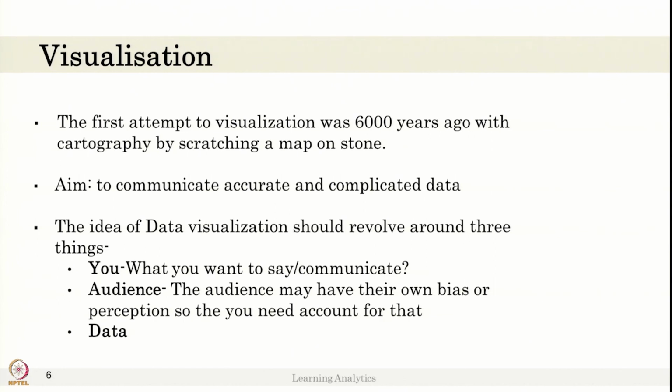The audience may have their own bias or their own perception. So, you have to consider that the visualization should remove audience bias, include all the values, and handle outliers, or you have to represent all the information in the graph itself. And most importantly the data; the visualization will change depending on the data.